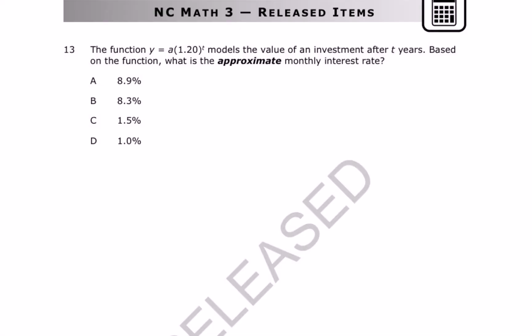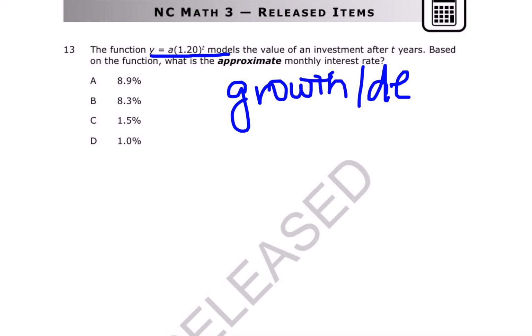In problem number 13, it gives us the equation for the investment, where A is going to be our y-intercept, where we're starting from. T is the amount of years. Remember that when we're talking about growth or decay, in order to find that factor, we're doing 1 plus or minus the rate.